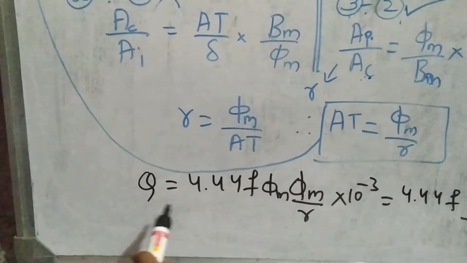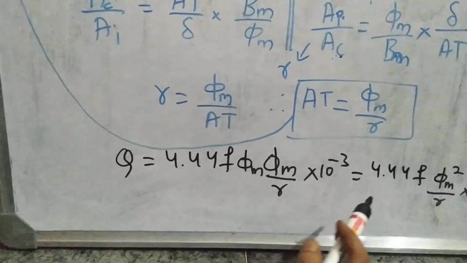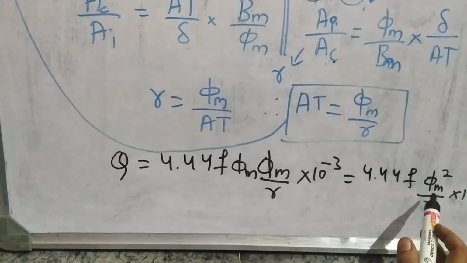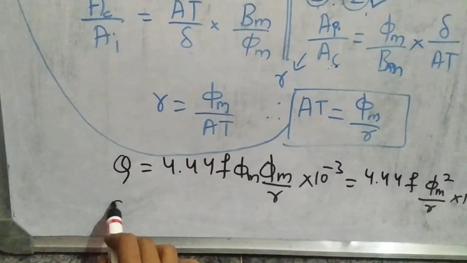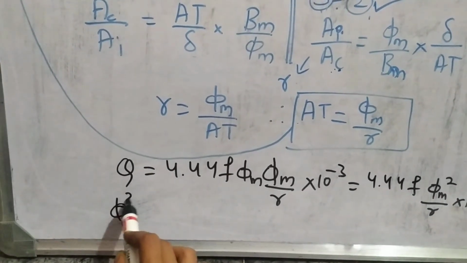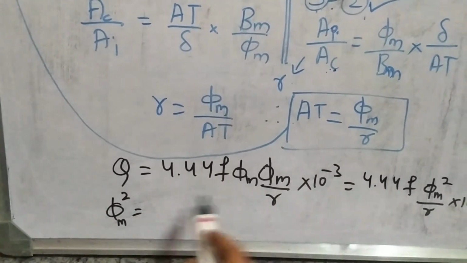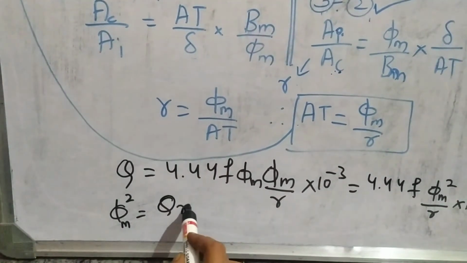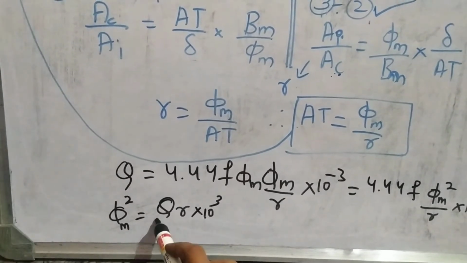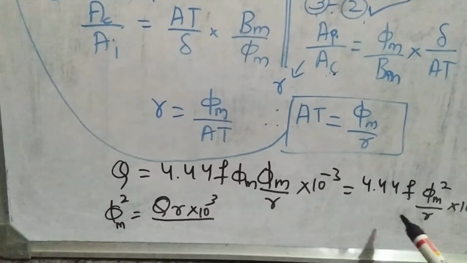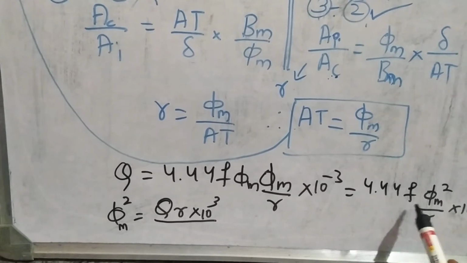Therefore, in this case, you have to remove that flux. So flux square is equal to Q into R, and 10 power of 3 when it shifts to the left side, divided by 4.44 F.